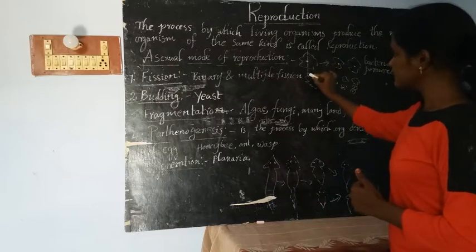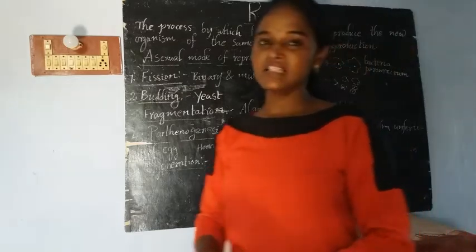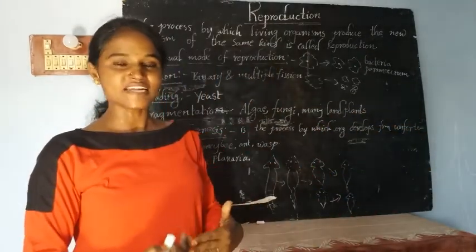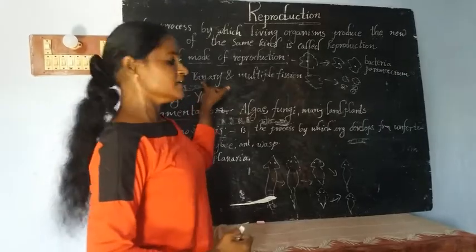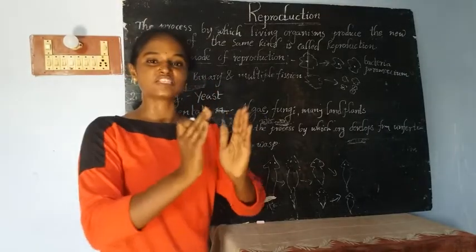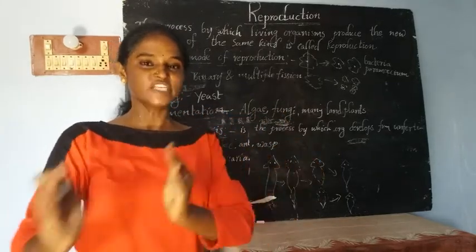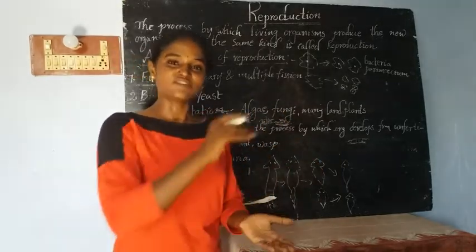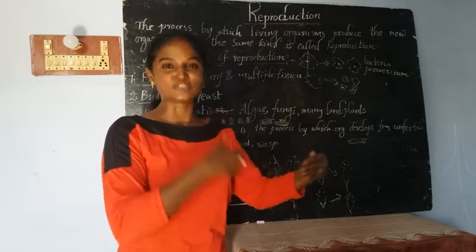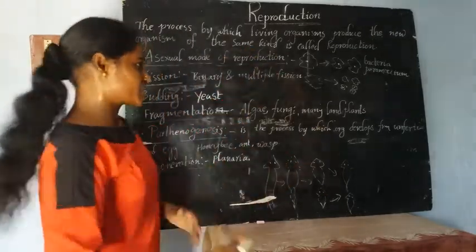If one organism breaks in the middle and gives two new organisms, it is called binary fission. Here, bi means two. The organism splits into two halves, and each half grows into a new organism.